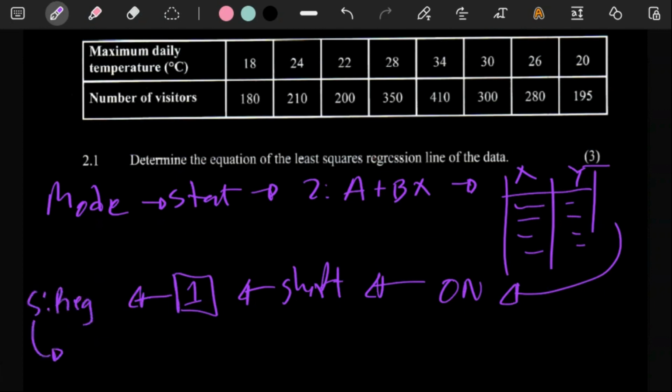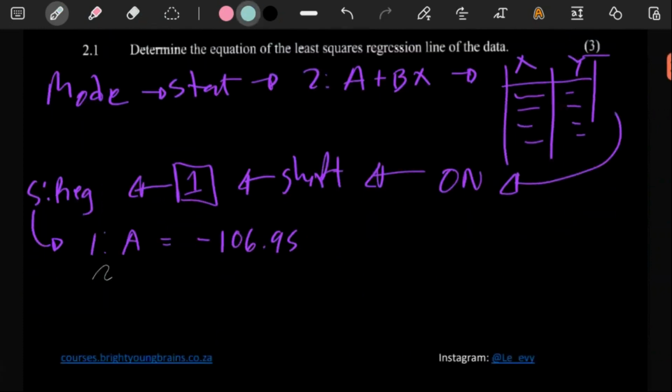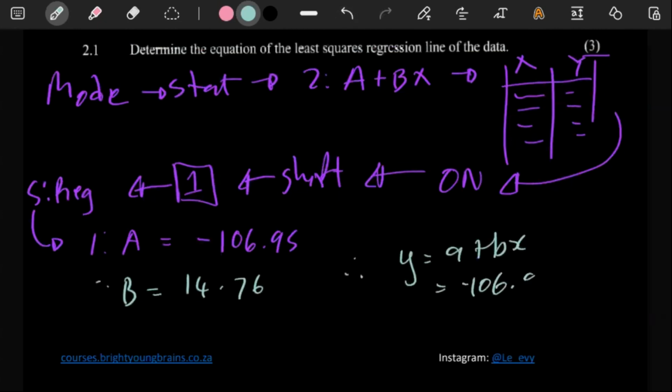And then you press the number 1 option, which says A, which gives you negative 106.95. Then B is equal to 14.76. So y is equal to, remember, this is the equation of the least squares regression line, where your A value is negative 106.95 and your B value is 14.76. Perfect. Now we can move on.